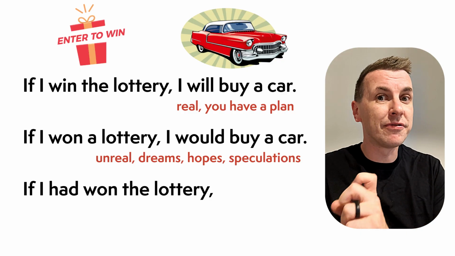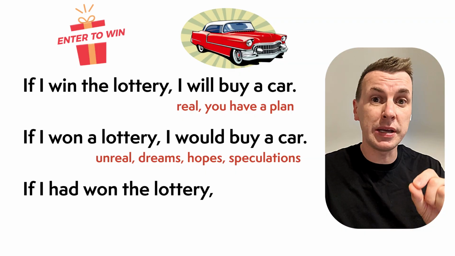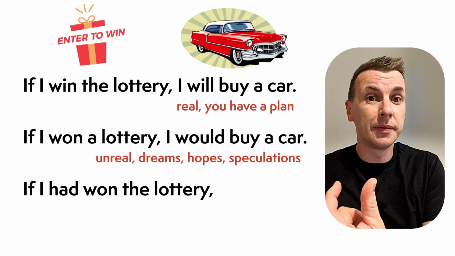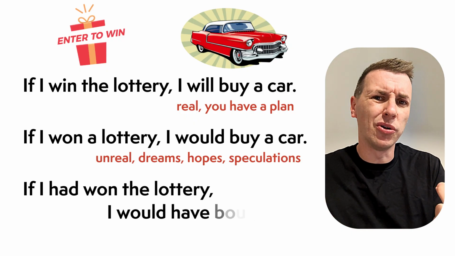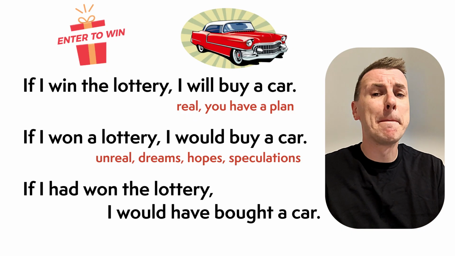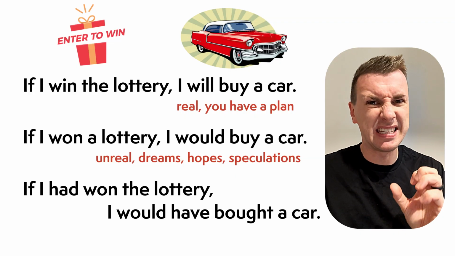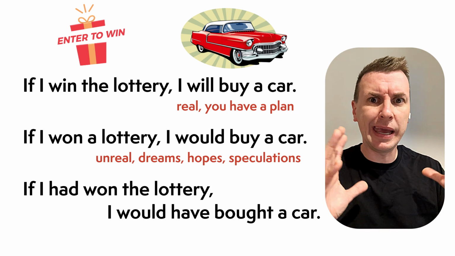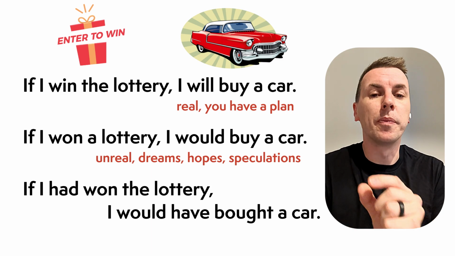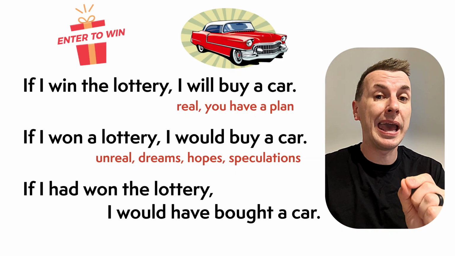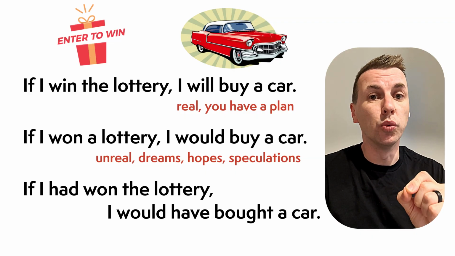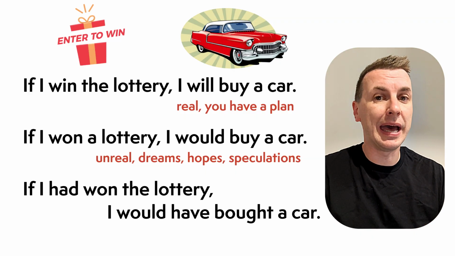So if I had won the lottery, comma, and then we use would plus, I call it this way, would plus present perfect. Makes it easier. Okay? Looks pretty big, looks pretty heavy. Well, it is. So if I had won the lottery, I would have bought a house.